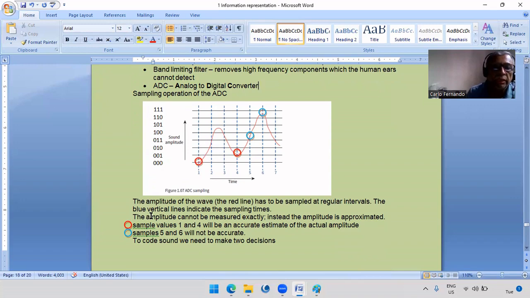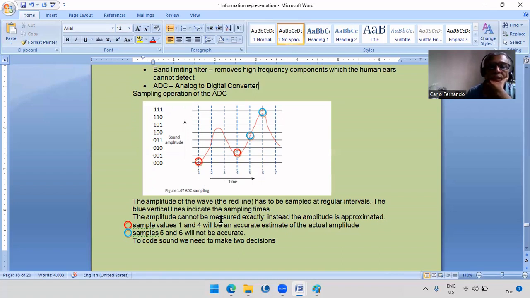This is the amplitude of the wave, the red line here, which has to be sampled at regular intervals. Sample means the wave is going, and now we have to record this. You have to record this to keep as a file.